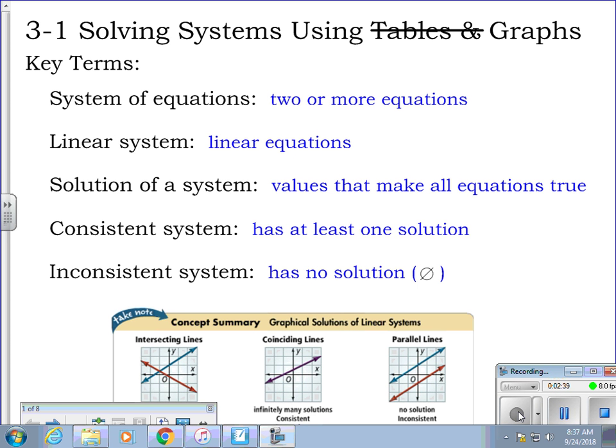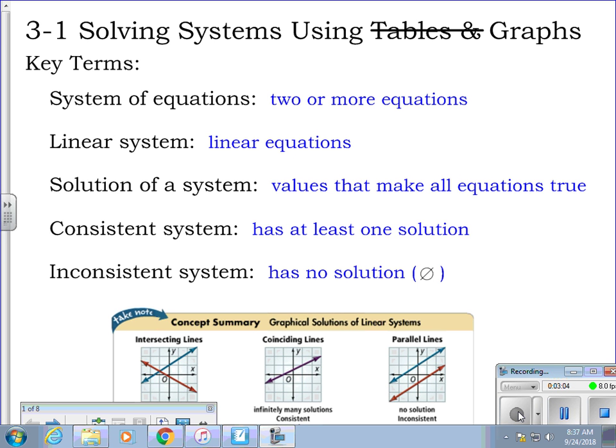Okay. Linear system means that all the equations are linear, and you can have linear equations that have more than 2 variables. 3 variables is a plane in 3-dimensional space, if you wish to graph it that way. But I've worked with linear systems that have 4 or 5 or 6 variables.